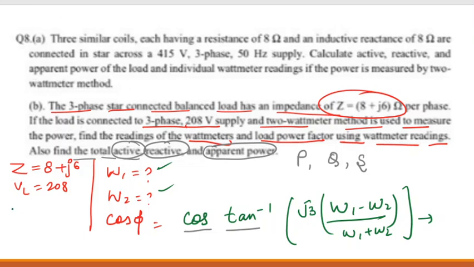Okay. So in this case, we need to use VPH is equal to IPH multiplied by ZPH. No, we don't need current... we need current. Okay. So VPH is known, VL by root 3, ZPH is known. Can we get IPH?